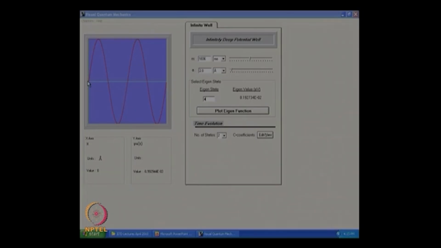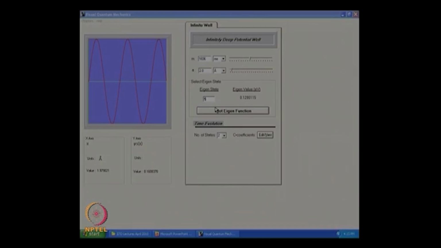You may see that all the wave functions go to 0 at the boundaries, x is equal to 0 and x is equal to L. Similarly for the fifth, they are alternately symmetric and antisymmetric.